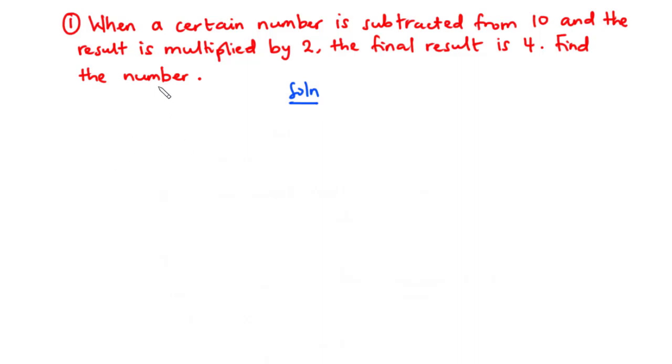Now, since we don't know the number, let's represent the number with a variable. So we can represent that number with any variable, say x. So let the number be x.